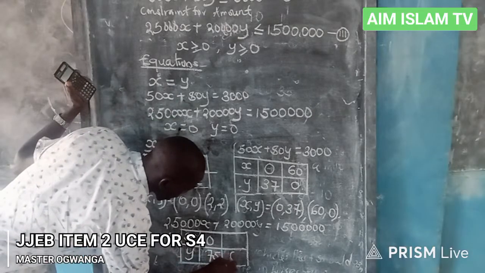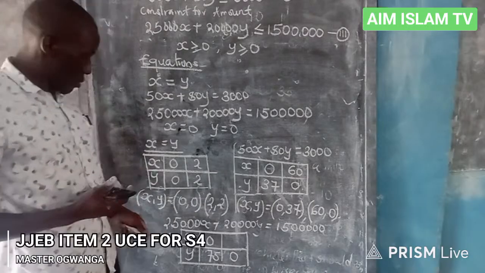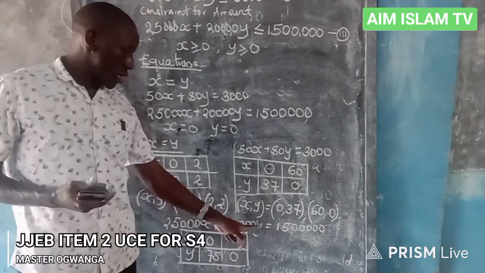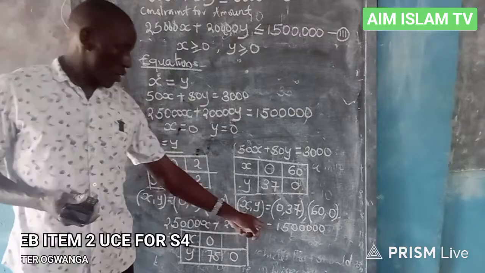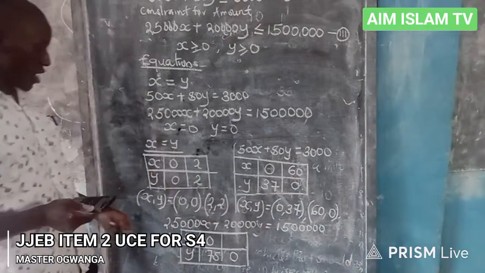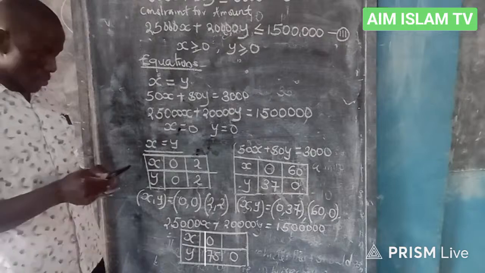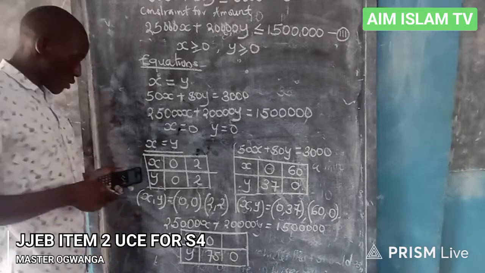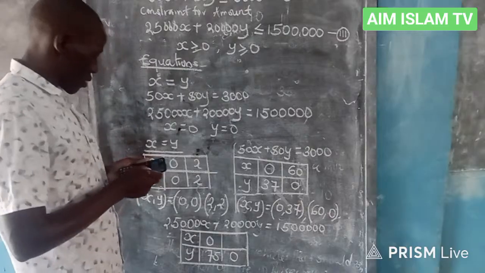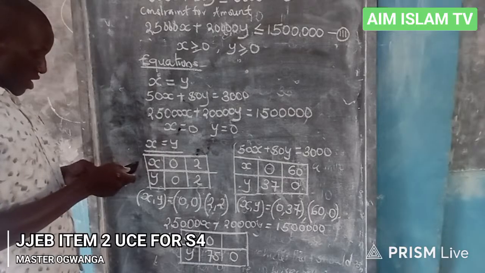And for the second case, I will also say when my y is a 0, we only have 25,000x equals 1,500,000. Divide both sides by 25,000, that is 1,500,000 divided by 25,000.